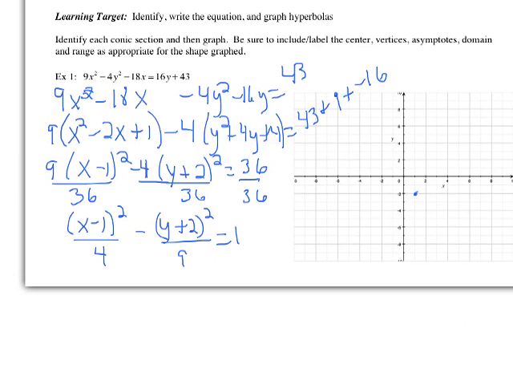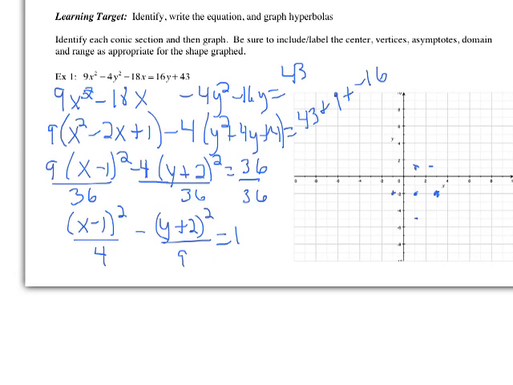So I'm going to go 2 to the right and plot a point. And then I'm going to go 2 to the left and plot a point. And then I'm going to go up 3. And I'm going to go, whoops, down 3.